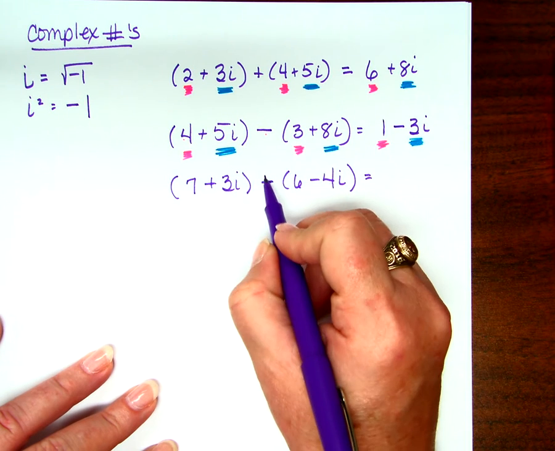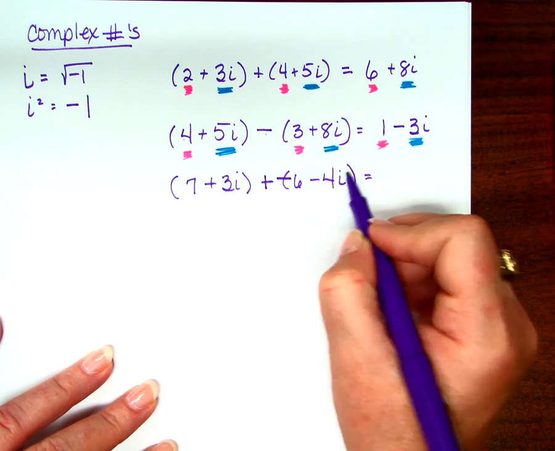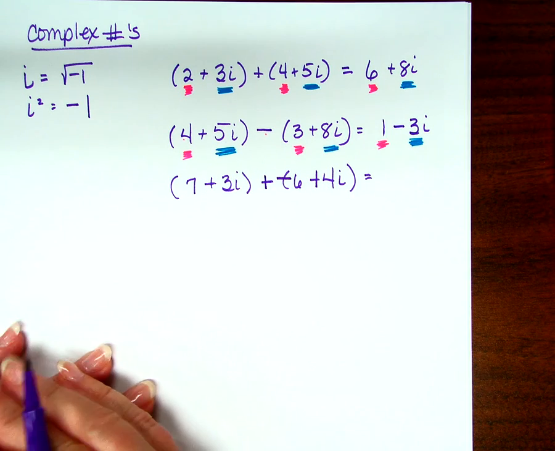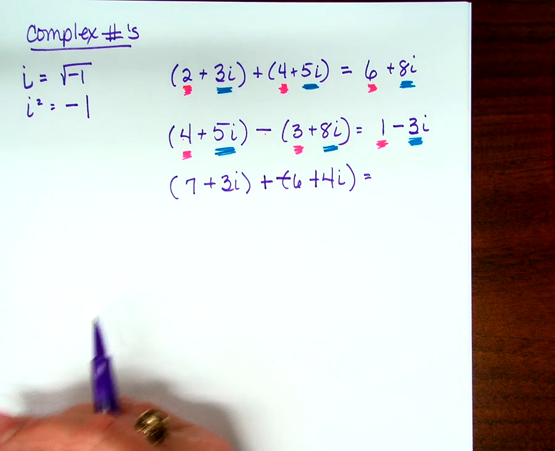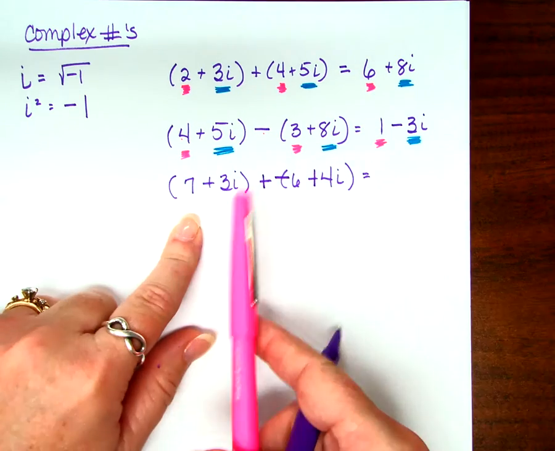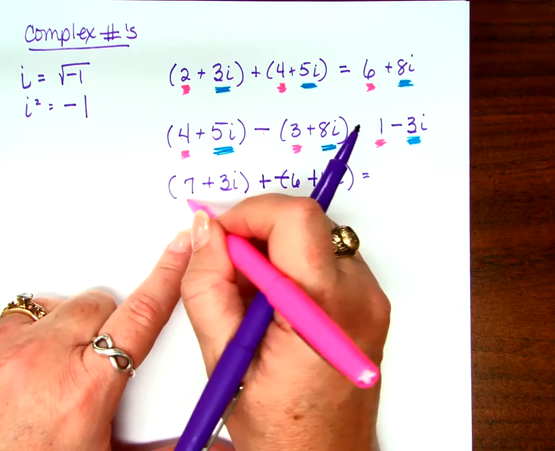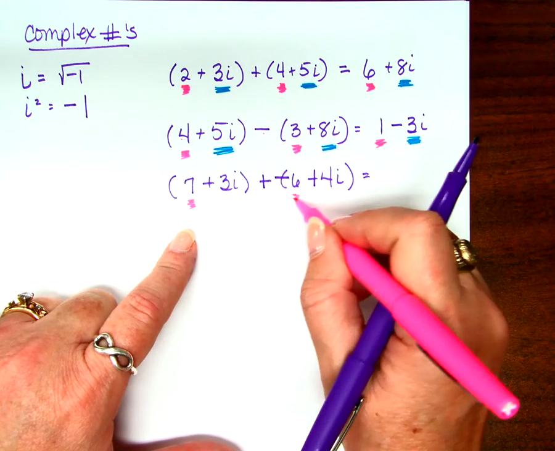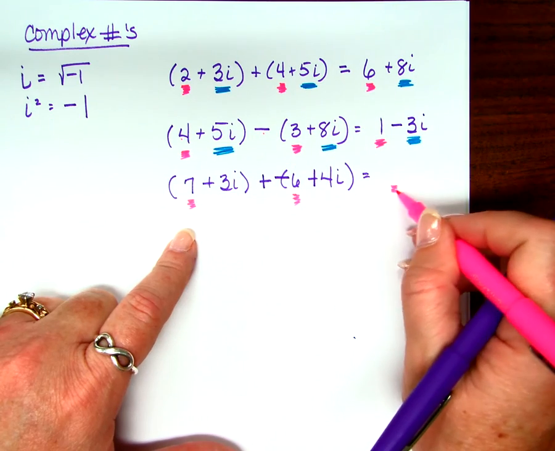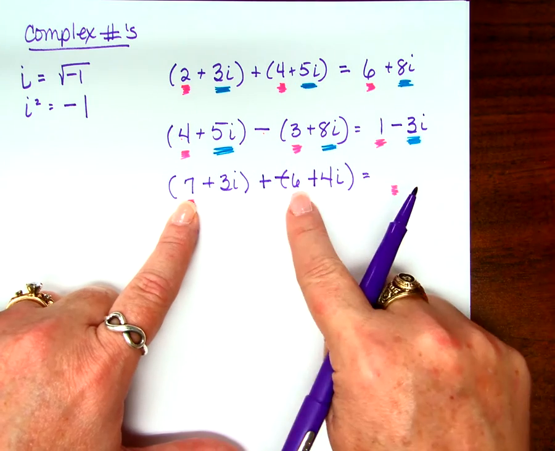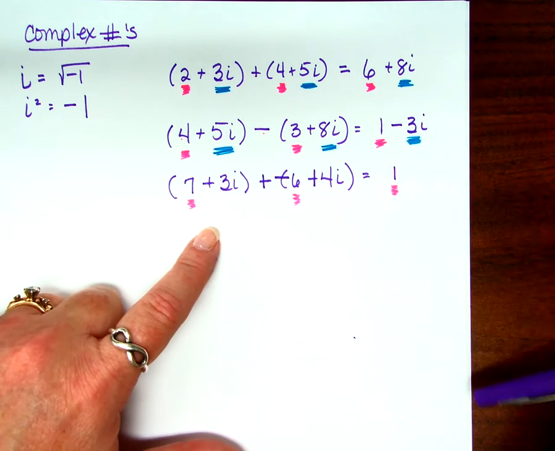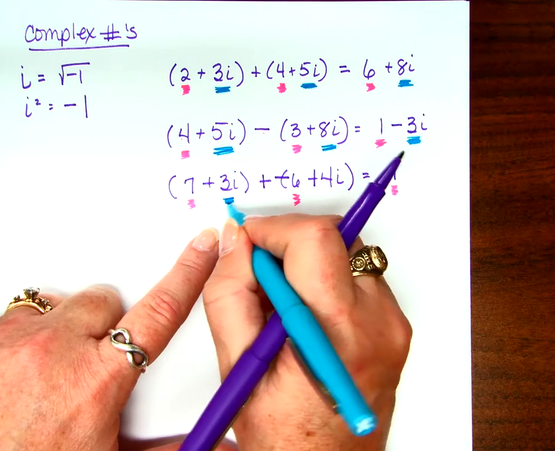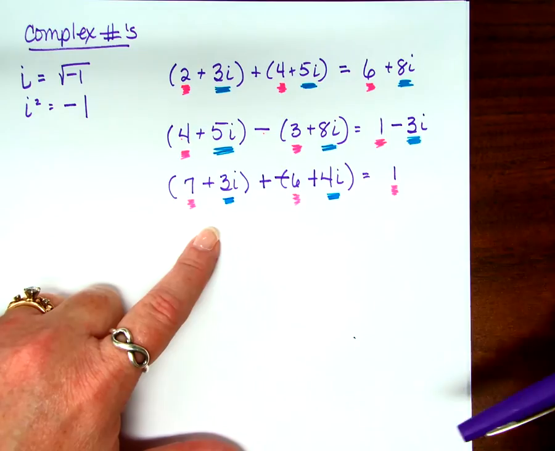So this is really plus, and this is really minus, and really plus. Now it's just an addition problem. 7 and -6 is 1, and then 3i and 4i is 7i.